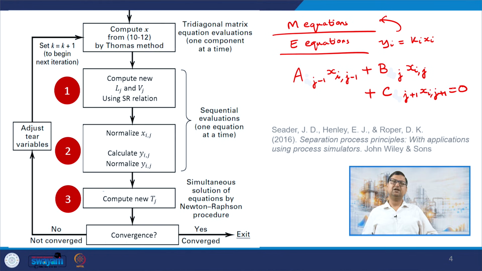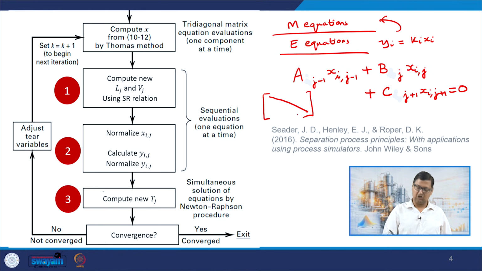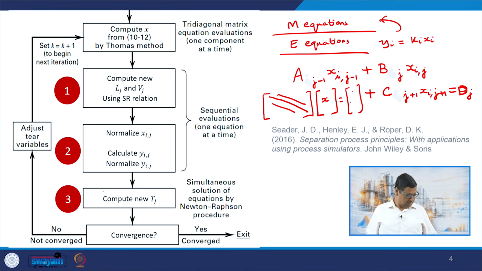So we have got a tridiagonal system, containing the coefficient matrix having the terms along the diagonal, the upper diagonal and the lower diagonal, and all the other terms in the matrix are 0. Then we have an unknown vector for the x values, and that is equal to some d_j, some constant values, right?